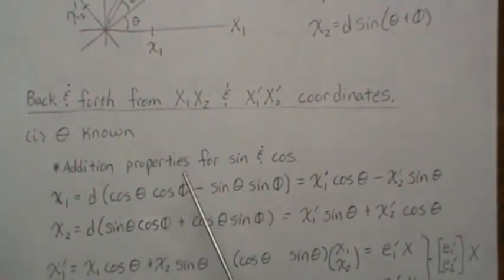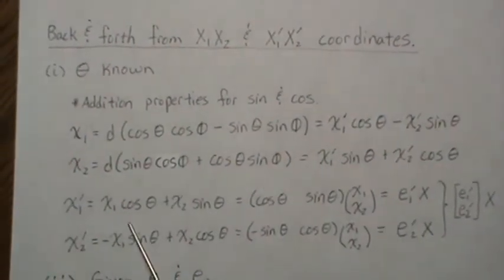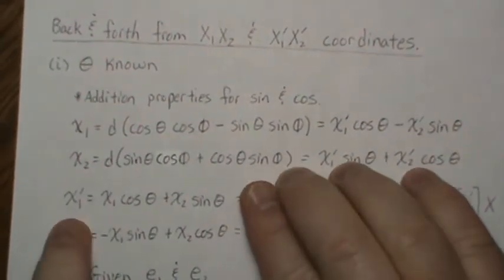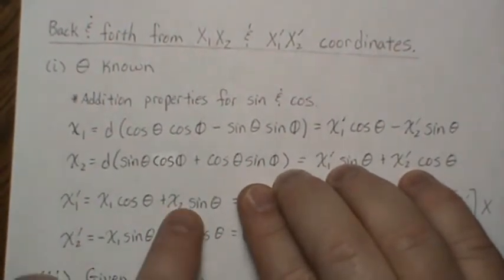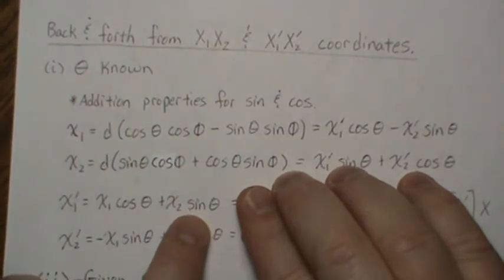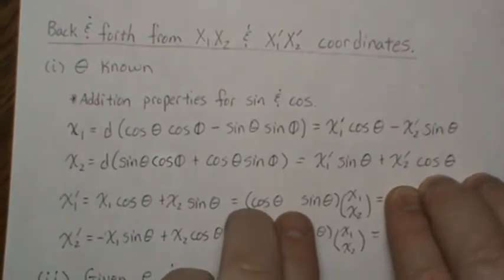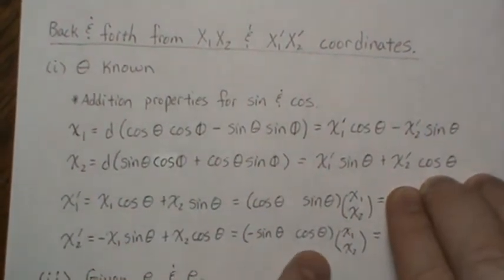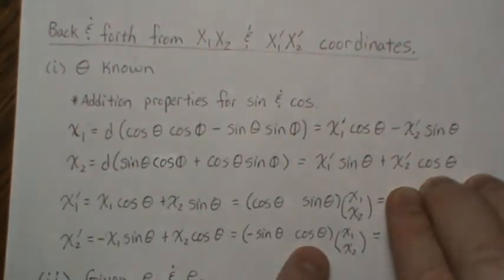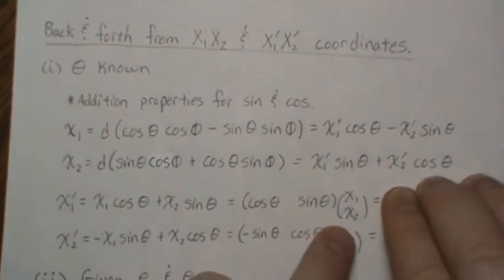Okay. Well, now that you know x1, x2 in terms of x1 prime and x2 prime, this is a system of equations. You can back solve for x1 prime and x2 prime, and that's what we do here. We get these. Now, this here looks like a vector product, so we can write it like this. This vector times that vector, you get this. Same way here. But this is a transposed vector, and this is x, if you want to call that a vector.